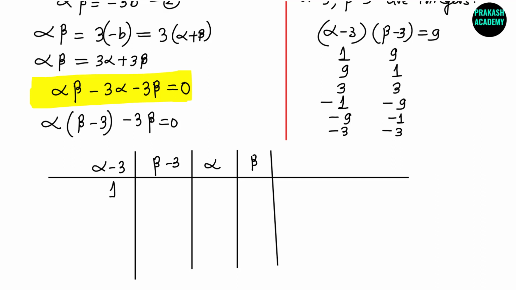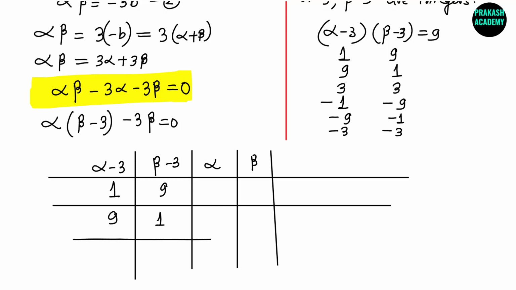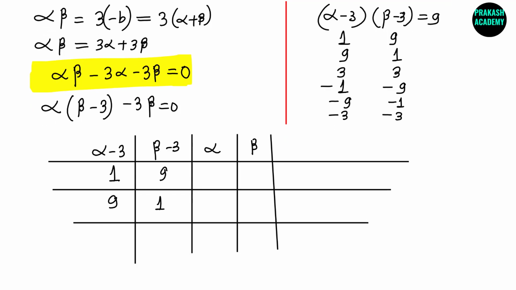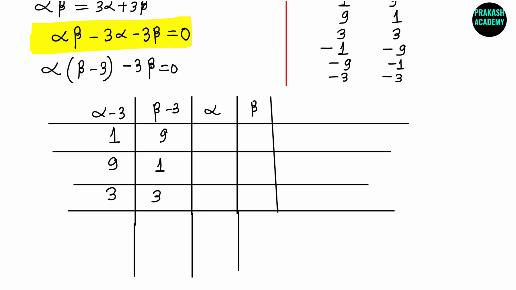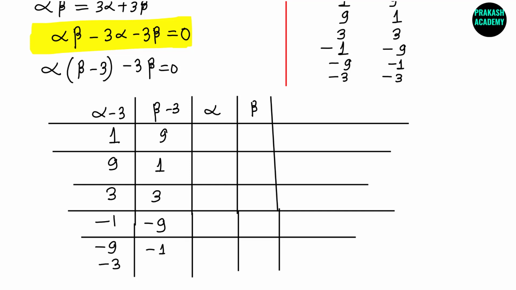So what are the possibilities? 1, 9, which we have already written, 9, 1, and then 3, 3, and then minus 1, minus 9, then minus 9, minus 1, minus 3, minus 3. So these are the possibilities.